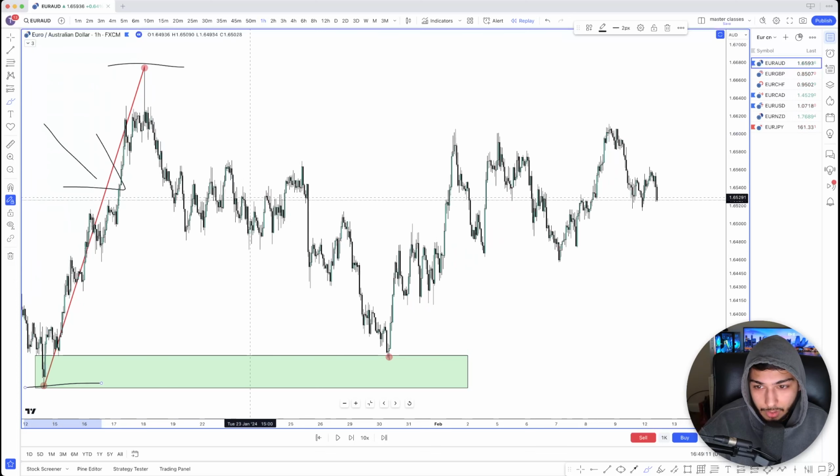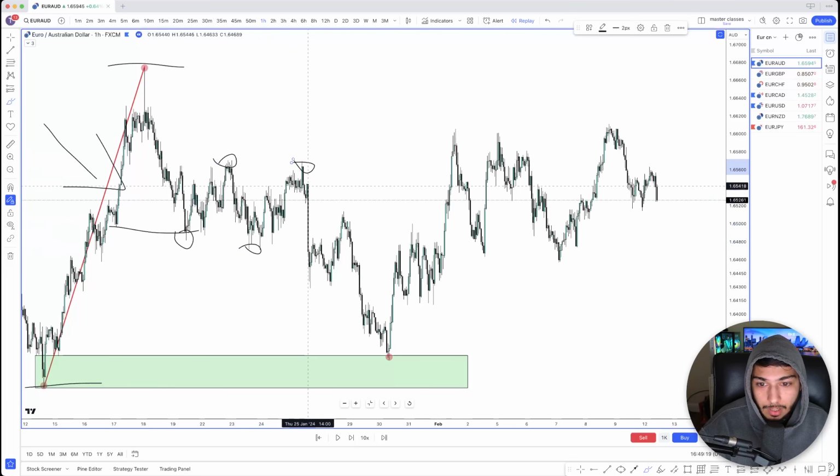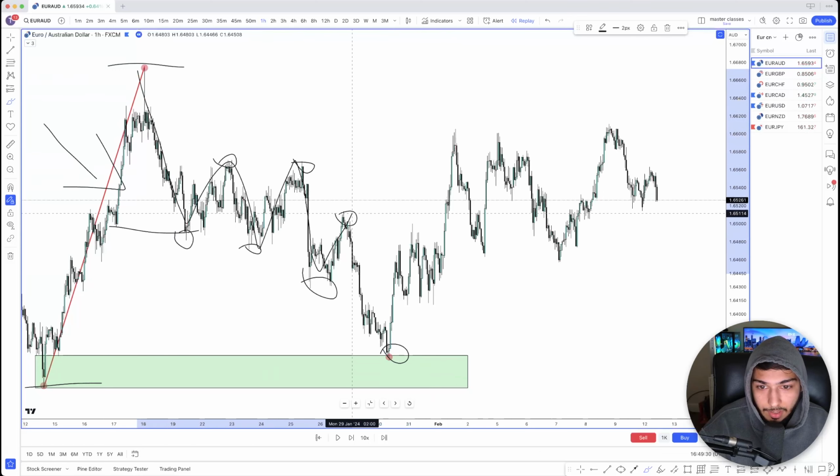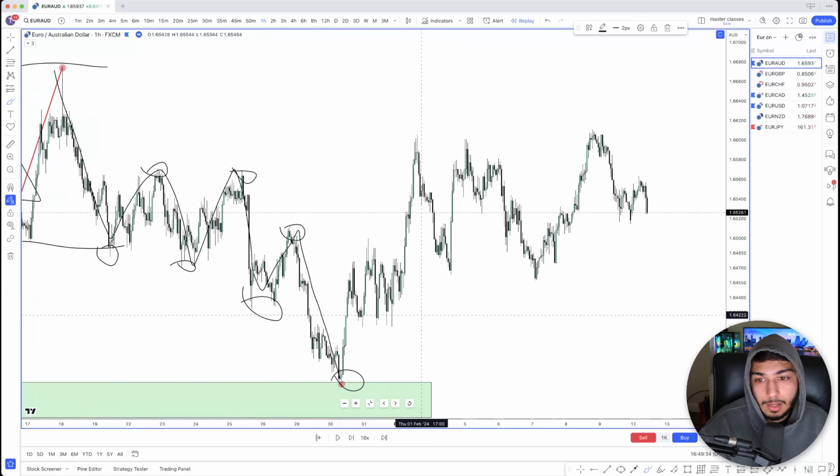The internal structure looks like it's bearish. We have a lower time frame break of structure there, and then we start making lower highs, lower lows, lower highs, lower lows. But even though we have this internal bearish structure, it is simply correcting so that the higher time frame can go up and make new highs.